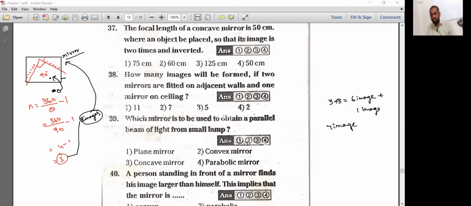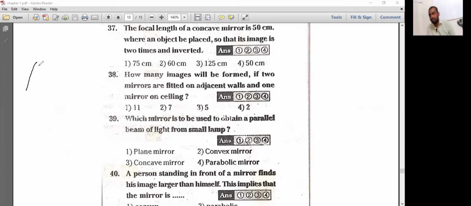Once again, I will explain this clearly. There are 3 mirrors in total. First I analyzed with only 2 mirrors, and I placed the object here. They are at a right angle, 90 degrees, so the number of images formed by these 2 plane mirrors will be 360 by theta minus 1 if 360 by theta is even. So 360 by 90 minus 1 is 4 minus 1, so 3 images. Now I fit another mirror on the roof.